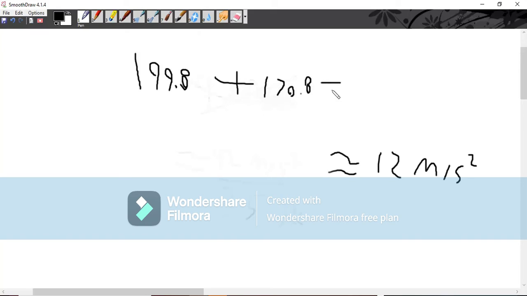So when you add these up, you get 370.6 pounds. But we need to get the average, so we need to divide this by 2. So we take 370.6 divided by 2, and that equals 185.3.